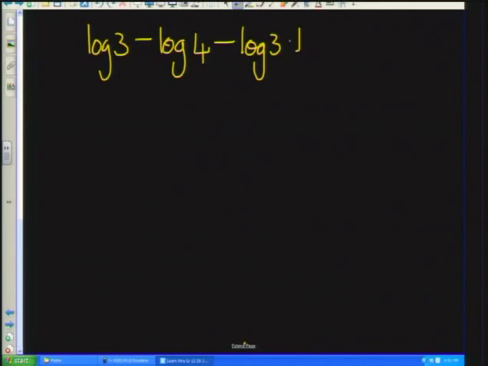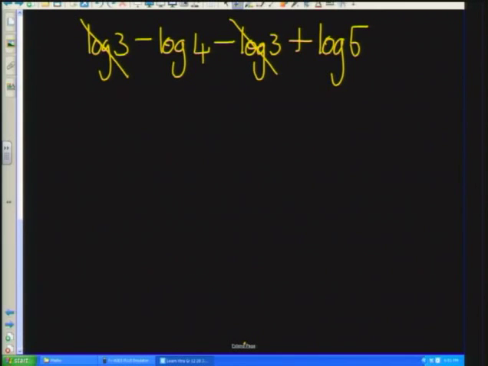I've got it. Okay. So what if we have log 3 minus log 4 minus log 3 plus log 5? And she wants to know how she will simplify that. All right. Well, the first thing that I would do is use the whole like terms scenario. I'd say I've got log 3 and minus log 3, so they would cancel out, like x minus x.